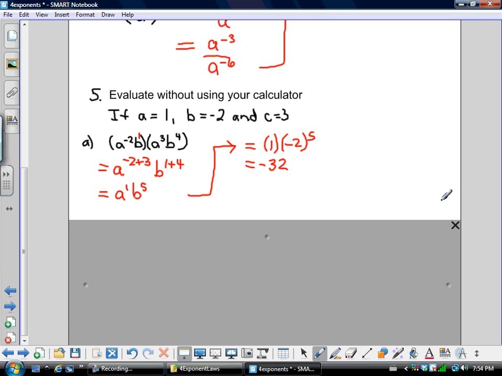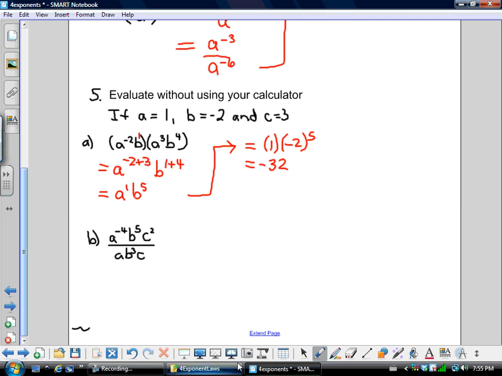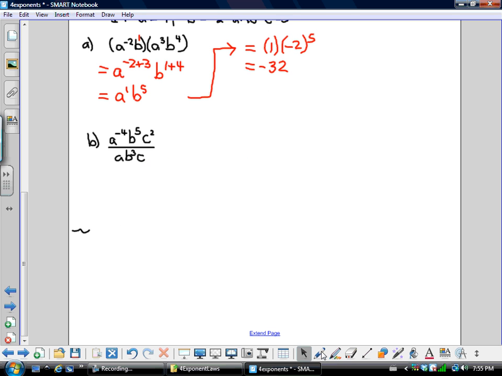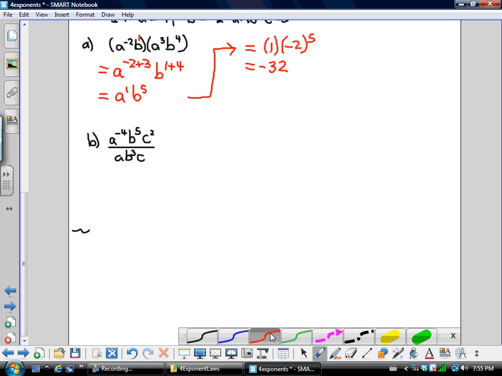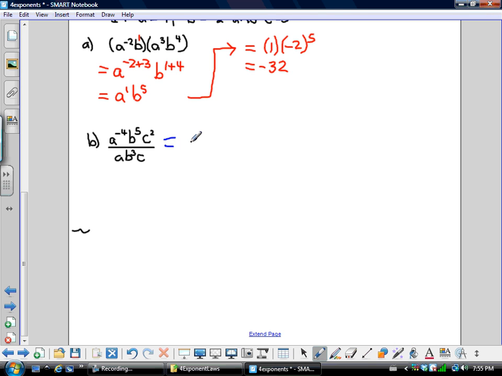And our last question, same kind of thing here. We're going to simplify it first. Again, you can see I have A's, B's, and C's in this question. So the first thing I'm going to do is take my A. It's to the negative 4.